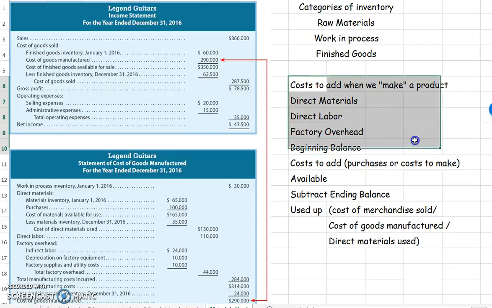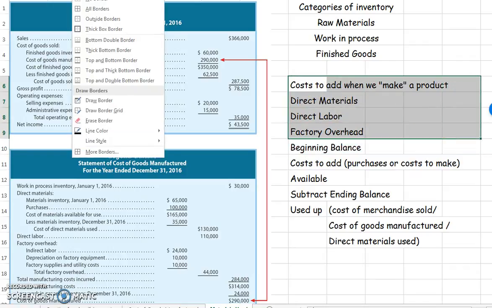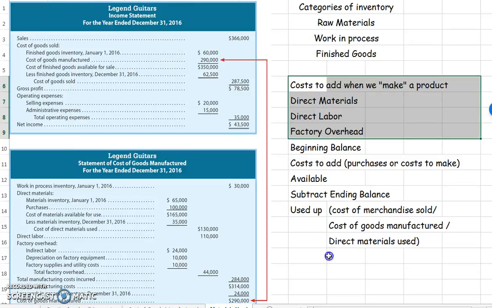So these are the costs that we're going to be adding. So I'm on this line right here, cost to add. And again, I'm adding direct materials, direct labor, and factory overhead. So here's my direct materials, here's my direct labor, and here's my factory overhead.